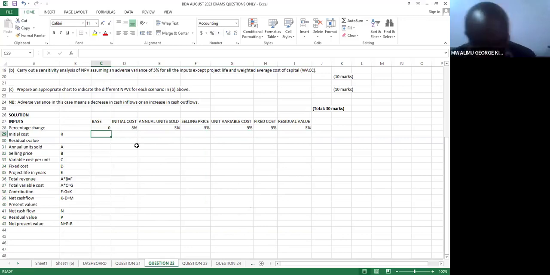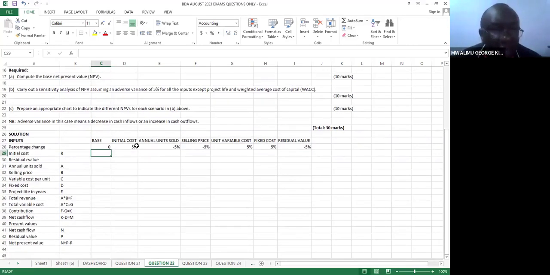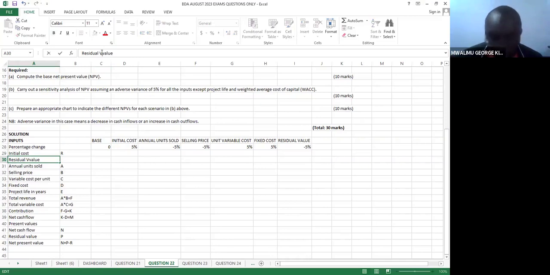Yeah, that way. So if you look at the initial value, this residual value was written wrongly. Okay, that's okay.